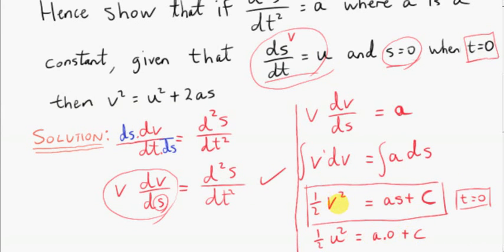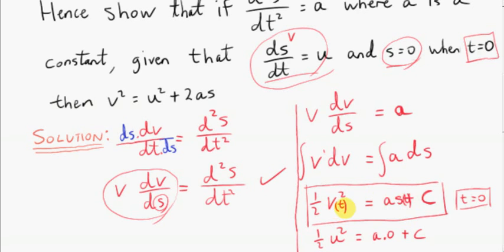To make it even clearer, we could think of both v and s as being functions of time, which they are actually. They depend on time, obviously. Well, we can think of v as being a function of s, of course, if we're just dealing with this equation. We don't involve t in it. But we haven't actually got v as a function of t, and we haven't got s as a function of t. But they are functions of time.